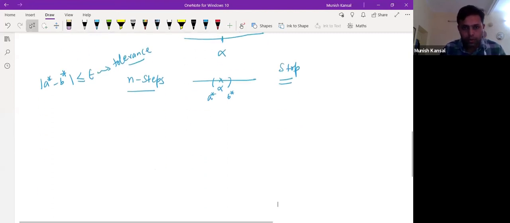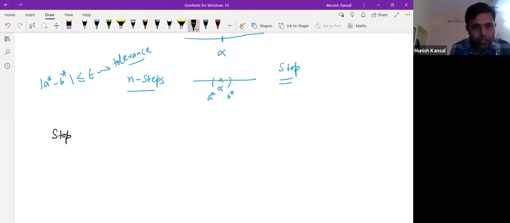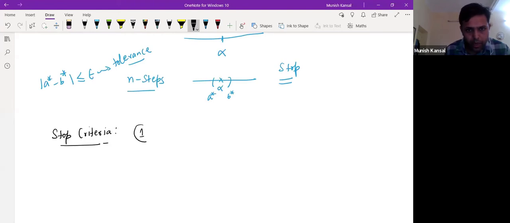Now here one important point we have to discuss: we will look for some stopping criteria. There are different stopping criteria available to us in numerical techniques. I'm writing down a few, there are many others also.